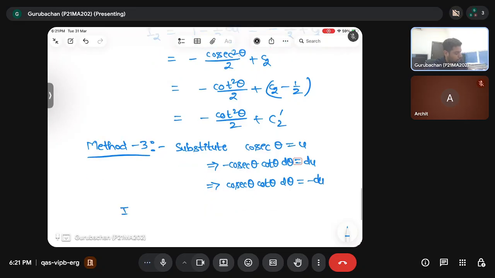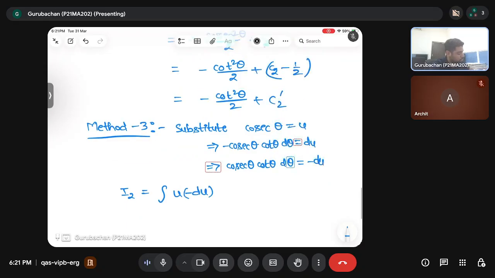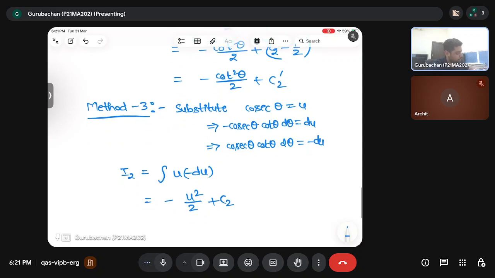So from here I2 will be minus u into du, which will again be minus u square by 2 plus C2. This will again give you cosec square theta divided by 2 plus C2, which is the same as the previous answer. Okay.